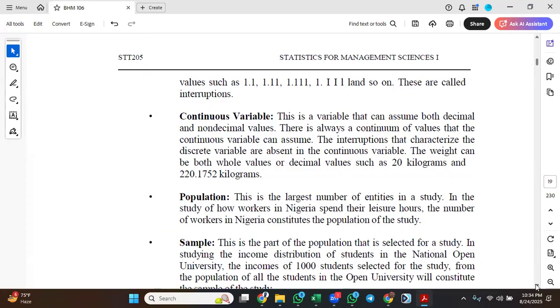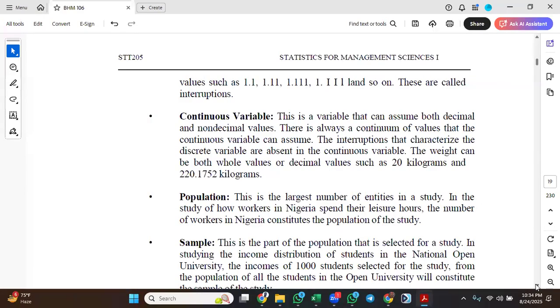The interruptions that characterize the discrete variable are absent in the continuous variable. Weight can be whole values or decimal values, such as 20 kilograms or 220.175 kilograms.